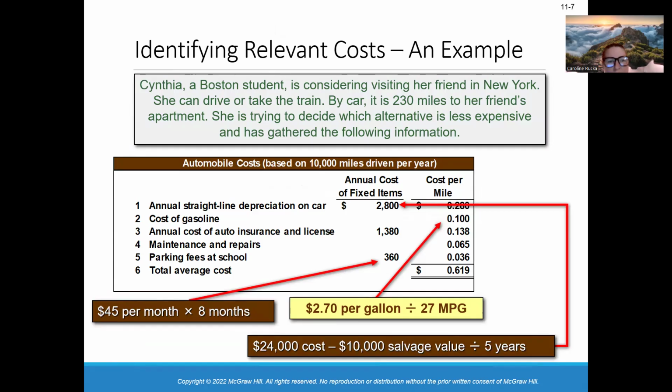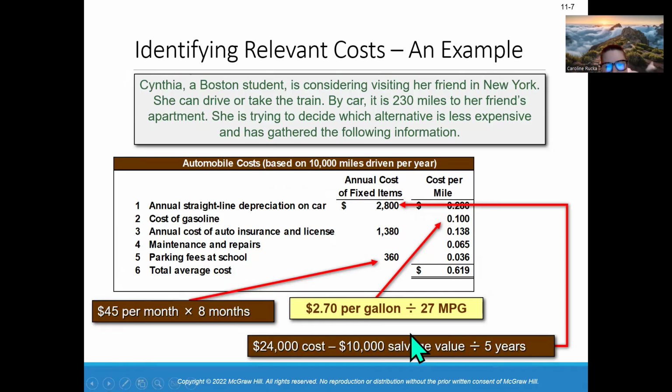So here is an example. Cynthia, a Boston student, is considering visiting her friend in New York. She can drive or take the train. By car, it's 230 miles to her friend's apartment, and she's trying to decide which is less expensive.